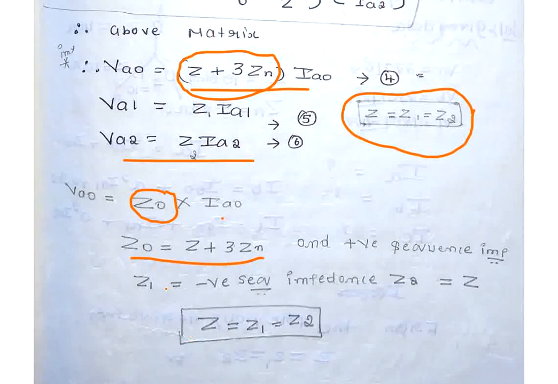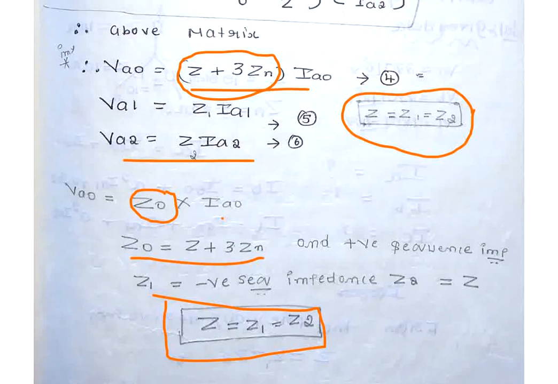Now Z1 equals the negative sequence impedance equals Z. So that means Z equals Z1 equals Z2. That means the positive sequence and negative sequence impedances are equal, but the zero sequence impedance is not equal to them.